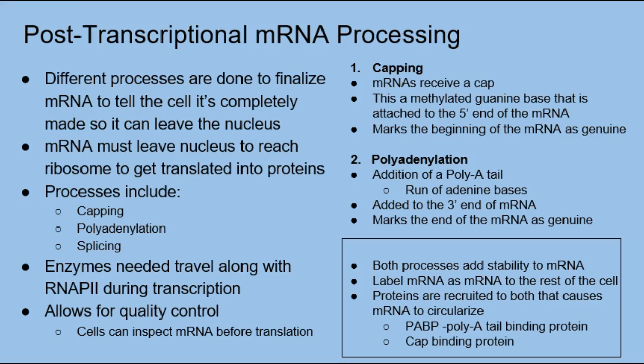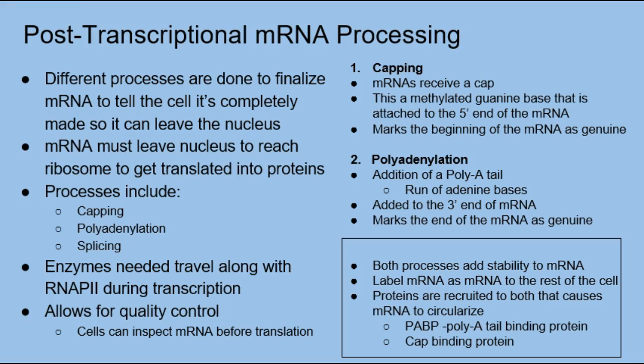This is added to the 3' end of mRNA, which marks the mRNA as genuine. Both of these processes add stability to mRNA and label the mRNA as legitimate mRNA to the rest of the cell. Proteins are recruited to both of these areas, which cause mRNA to circularize.